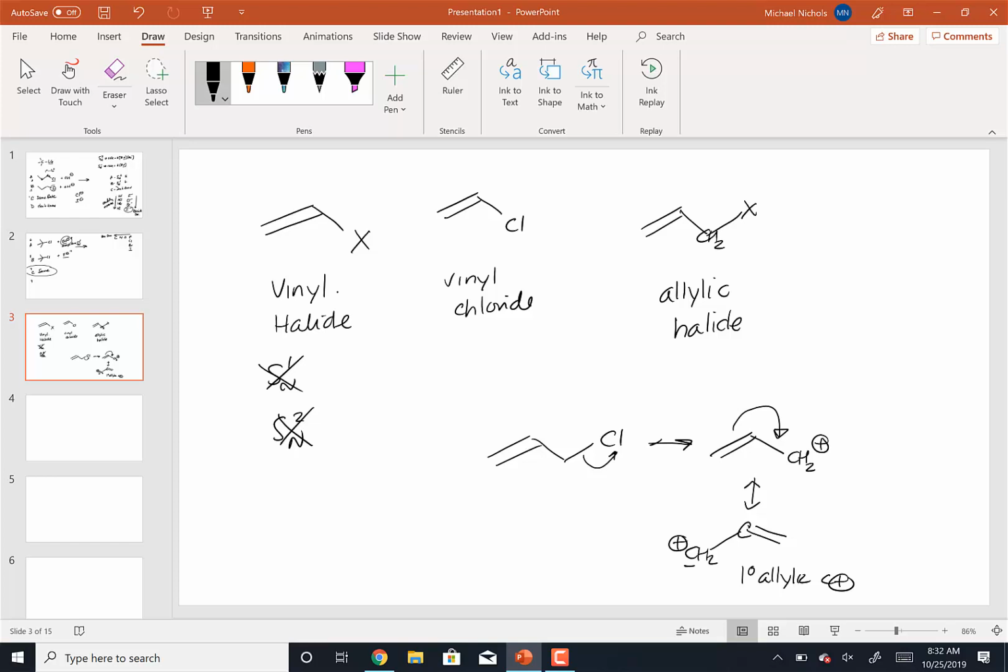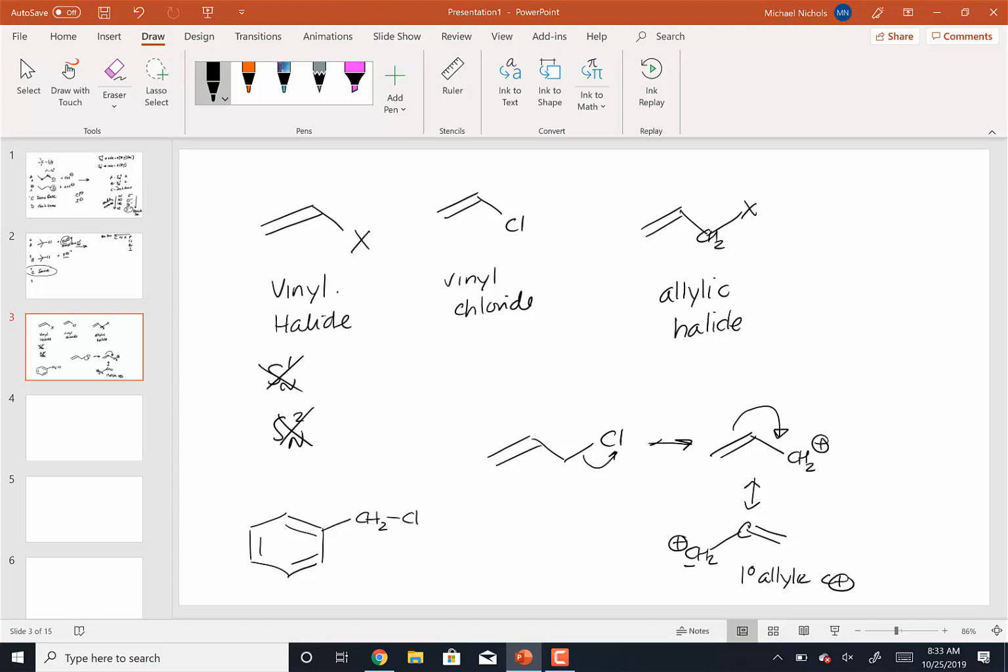So these are stable carbocations. Now the one that's gotten me kind of in trouble recently is the idea that you can have a similar type of system with the carbon that's attached to a benzene ring. So if we erase the benzene ring, we would have an allylic system.